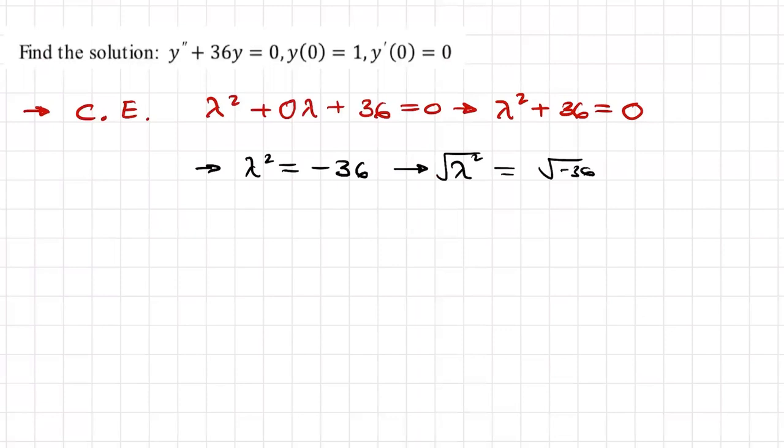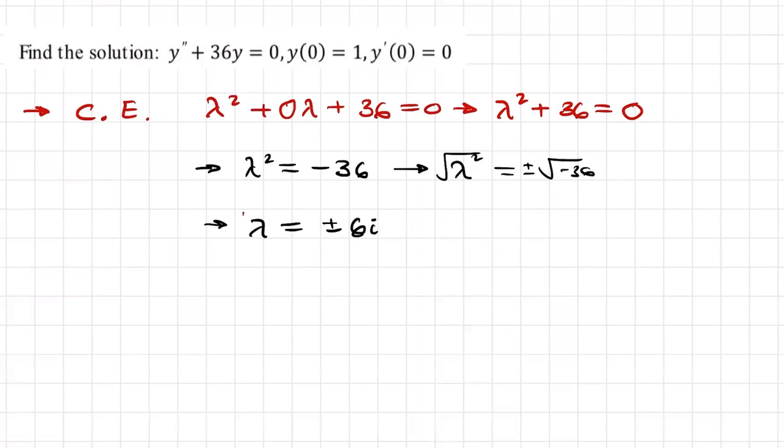And every time we take a square root, do not forget that we always need to have that plus and minus. So from this one, we get that lambda is equal to plus or minus the square root of negative 36, which is nothing more than just 6i.